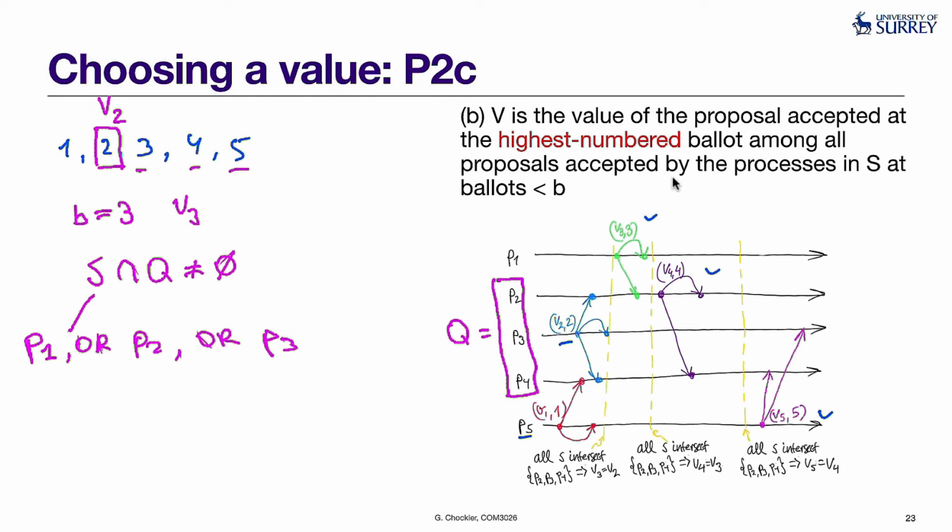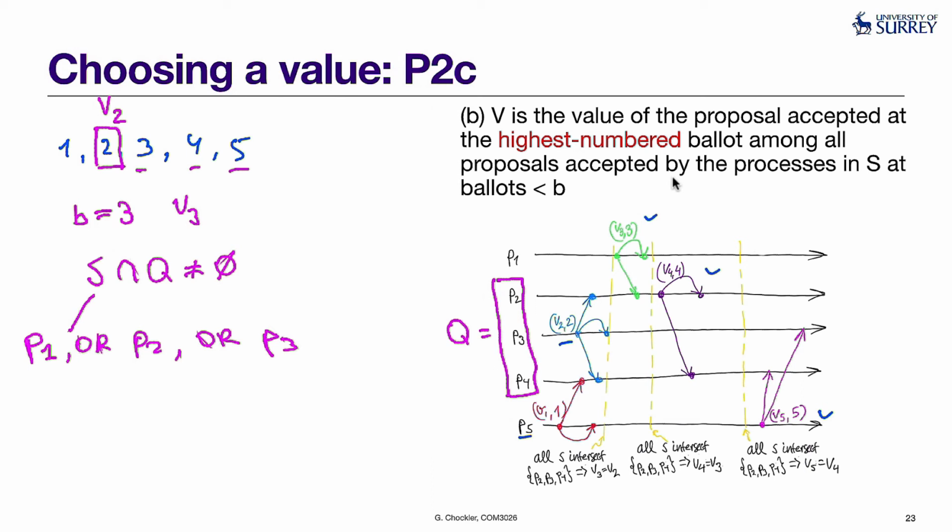So one of these three is going to be present in the set S. And we know that all of them actually accepted a value with ballot 2, which is value V2.